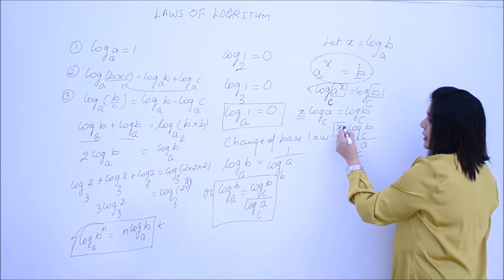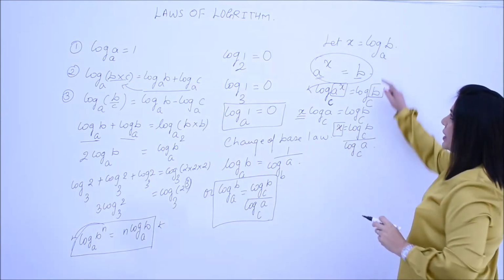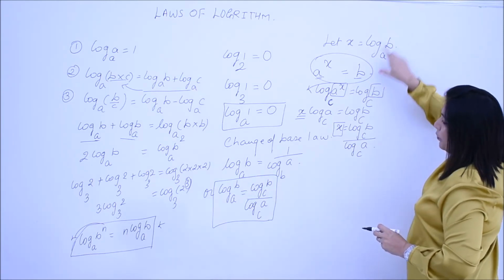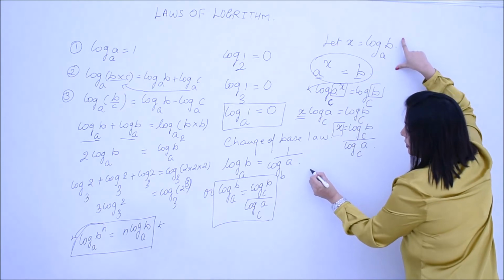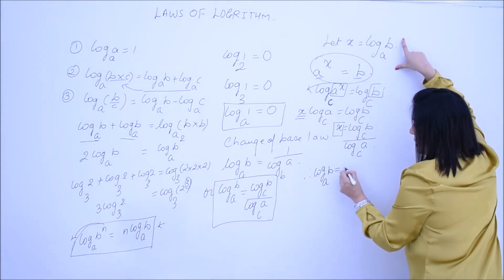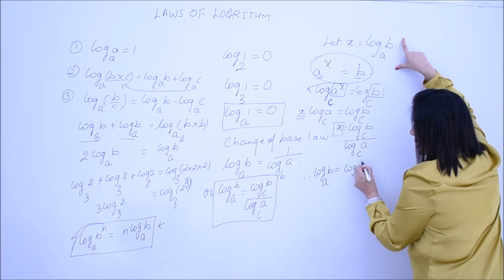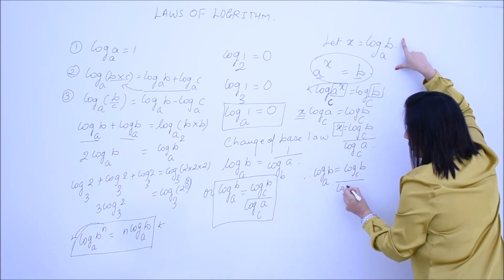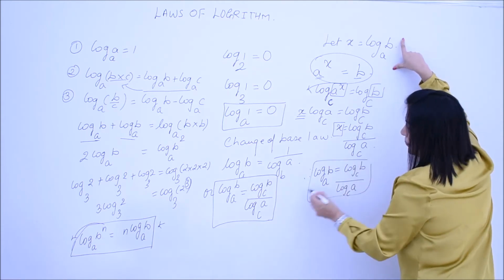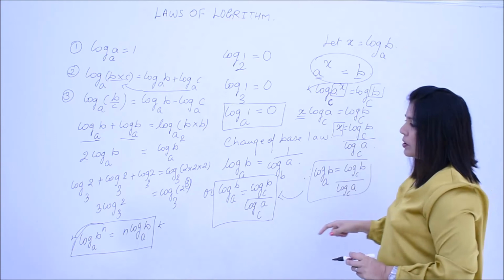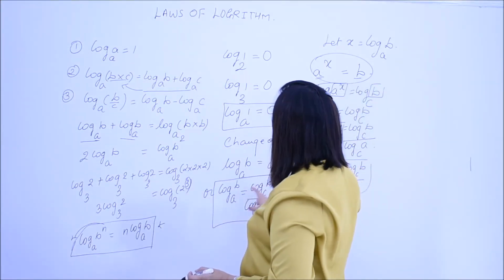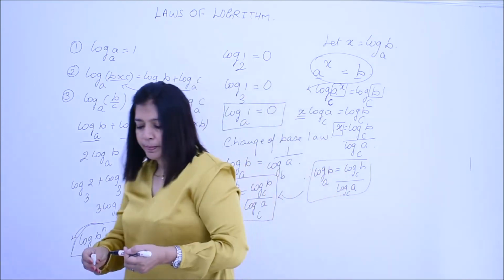But what is my x? I started with the assumption x is equal to log to the base a of b. So I'm going to write this for x. Therefore, our result is log to the base a of b is equal to log to the base c of b divided by log to the base c of a. And this is what we wanted to derive. So this is how we found the derivation for the change of base.